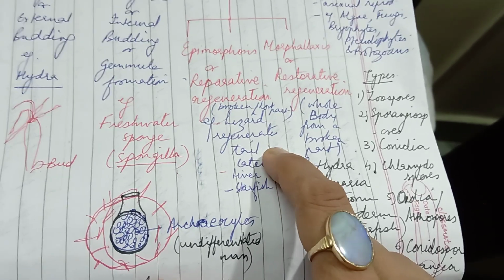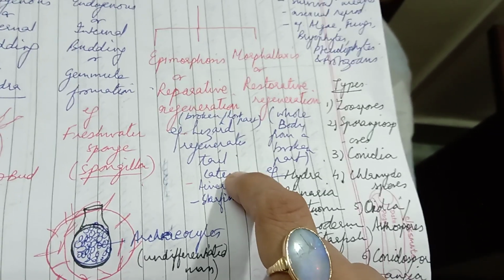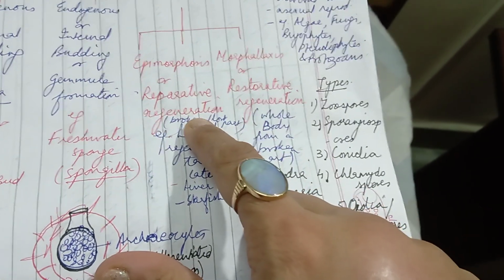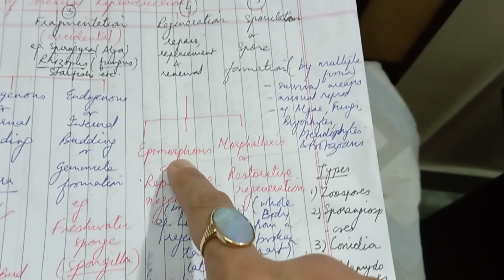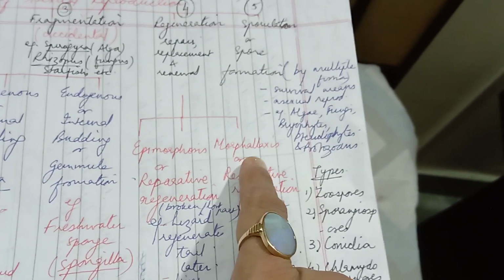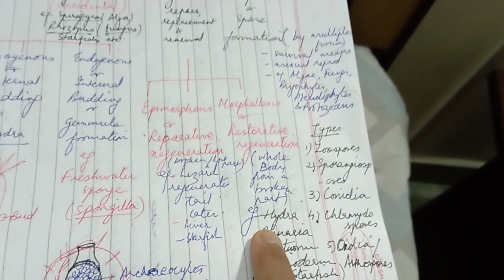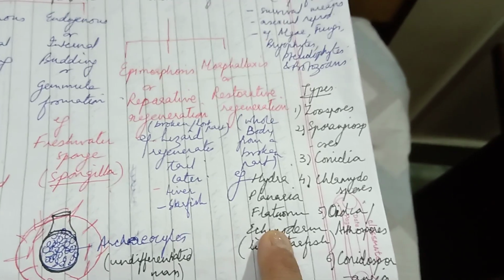So as you see, the major part of the lizard is very much as it is, but the tail only has to repair. So this is reparative regeneration or epimorphosis, that is making up of small portion as regeneration. But the other case, as I showed you in the diagram, morphollaxis means a small portion has to make up or regenerate the greater part of the body, right?